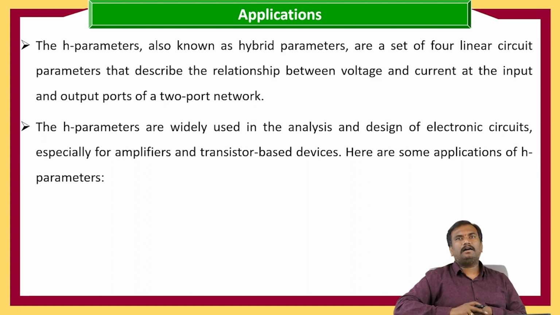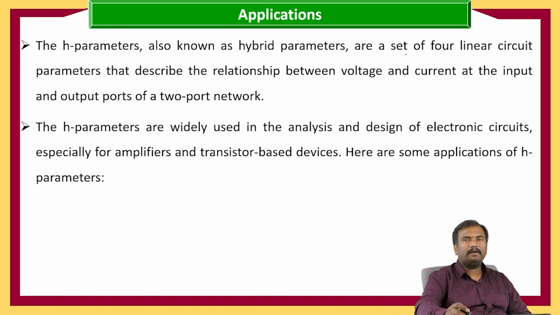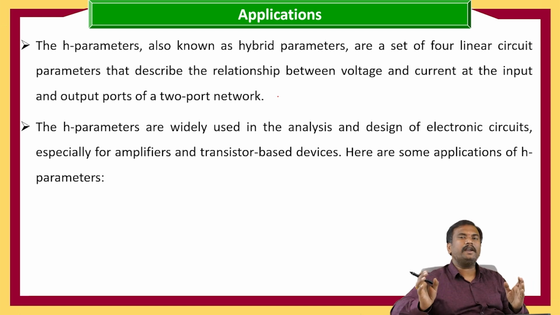These are all about the small signal models, and how we are going to design these small signal models is by using the H parameters. What is H parameters? H parameters are known as hybrid parameters. These are a set of four linear circuit parameters, that is input port and output port.